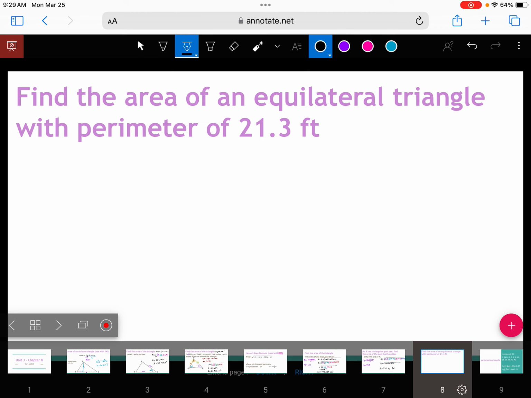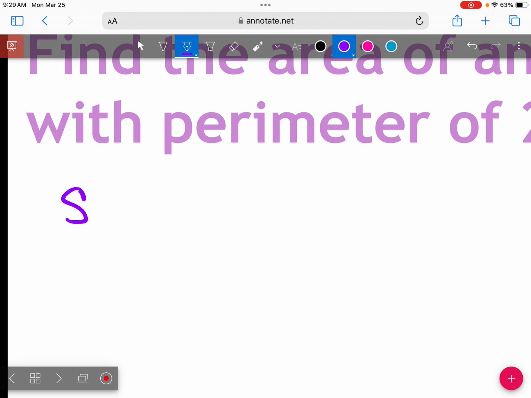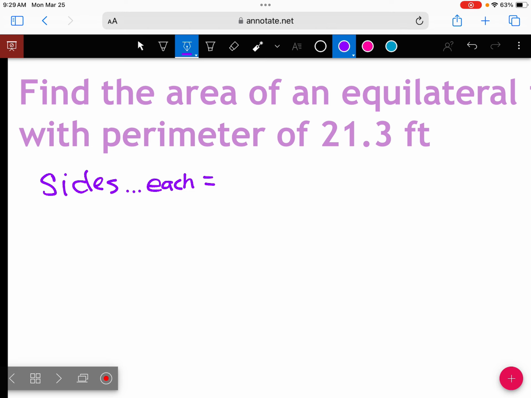There's just a couple of things in here that trick us up a little bit. Because what is the length of a side of this triangle? Divide by 3. So each side is how much? 7.1. And since it's equilateral, they're all the same.